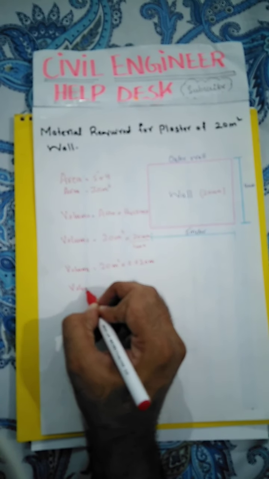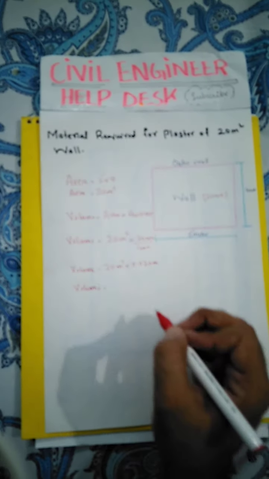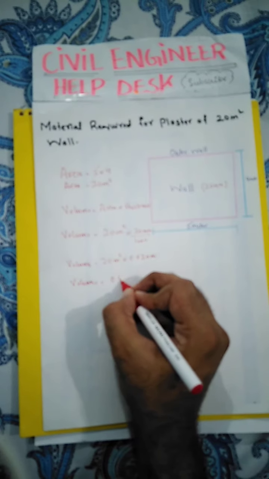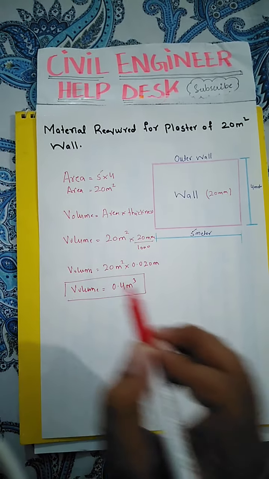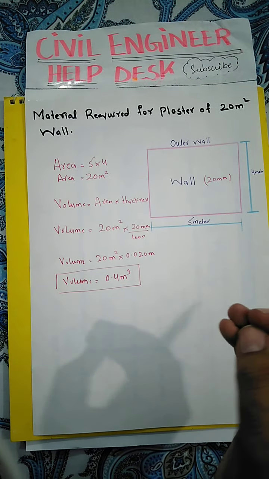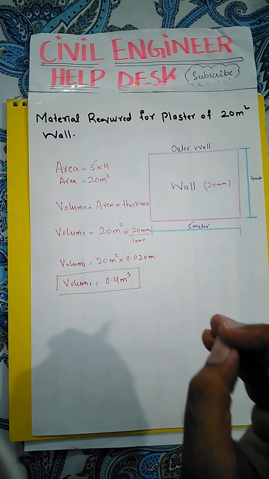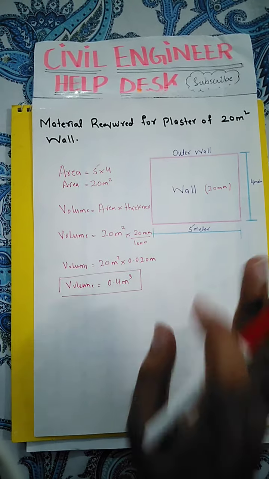So after calculating, we get 0.4 cubic meter. So volume of material which will be used for plastering of 20 square meter is 0.4 cubic meter.